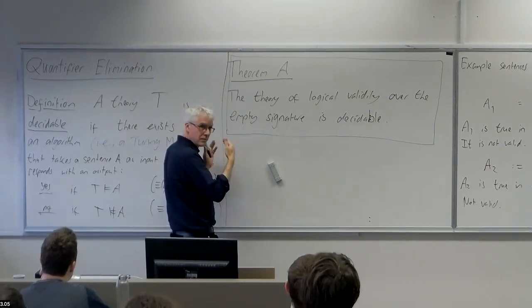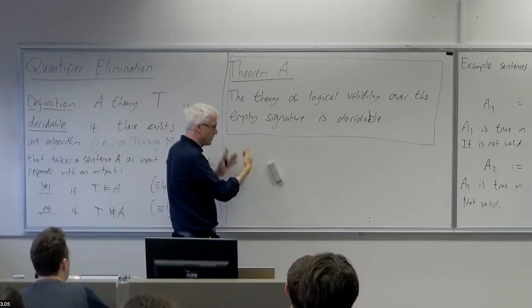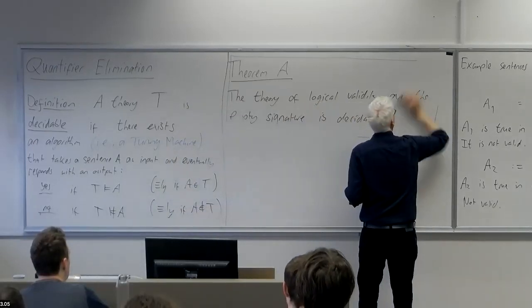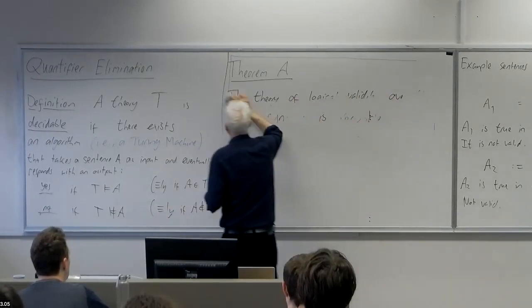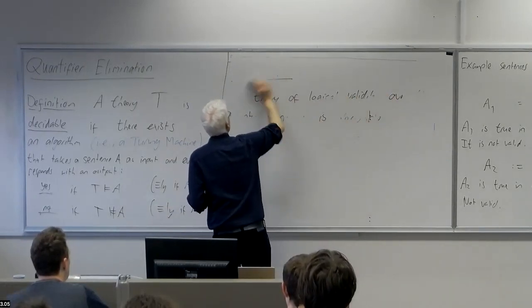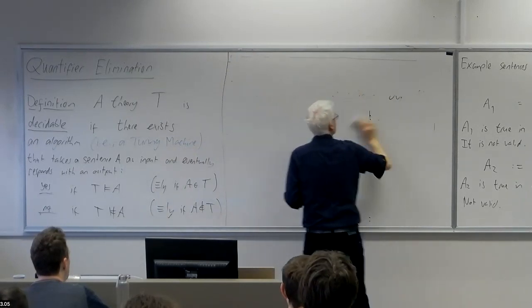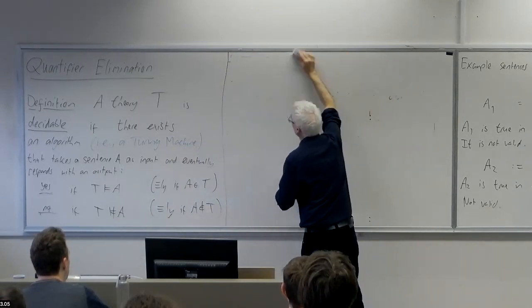Actually, it doesn't directly apply to this. We need to change the situation a little bit to get quantifier elimination to work. We're going to need to do a bit of work to prepare ourselves to use it. But let's see what we're heading for first.